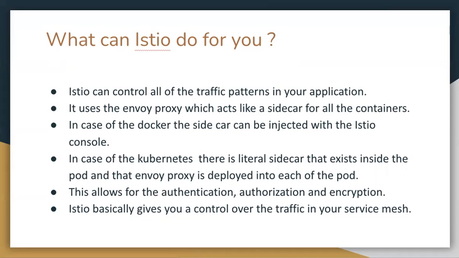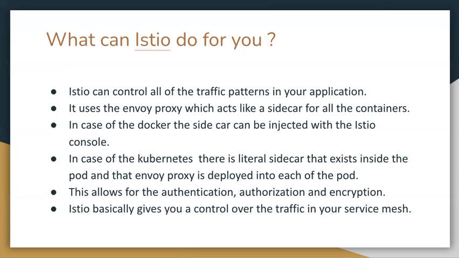Now, in case of Kubernetes, we literally insert a sidecar with the pod, and the Envoy proxy is deployed into each of the pods. So all the pods that are going to run, each of those pods is going to have an Envoy proxy, which allows you to have the authentication, authorization, and encryption in place. Because this is a proxy acting in between, you have total control over the traffic inside your service mesh, and you can put all these policies in place and get more insights.